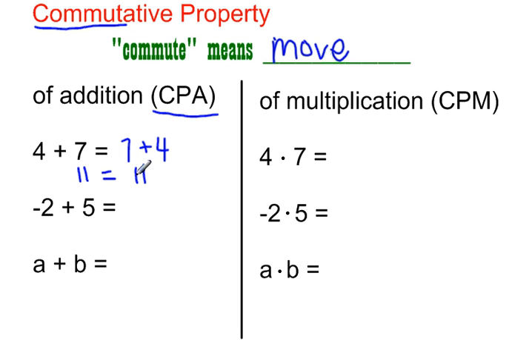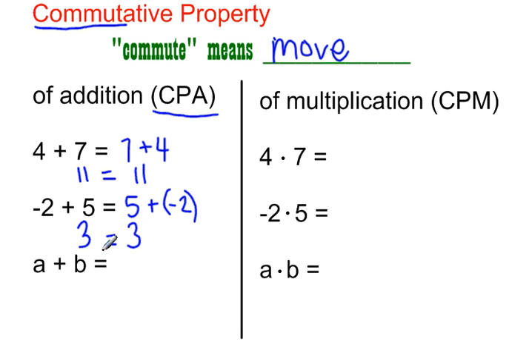These two sentences are equal, are equivalent. They're the same. Here's another example. -2 plus 5, different signs, so I subtract. 5 take away 2 is 3, and it's positive because the 5 is bigger. I'm going to go ahead and switch these. 5 plus -2. 5 plus -2, yep, that's also 3.